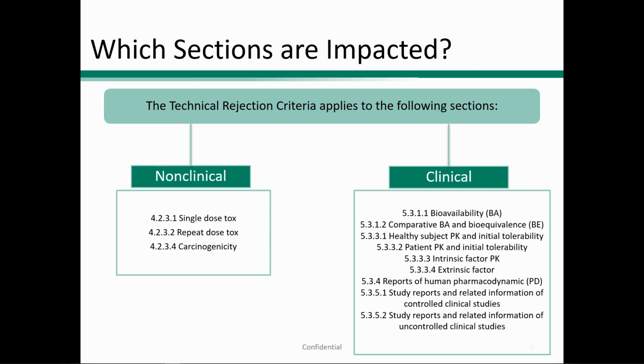So they actually broke it down to just specific sections within the modules of when you need to submit the data. So you see, mostly for non-clinical, it's your toxicology studies and your CARC. And then for the clinical studies, you do have a few more sections. But again, it is broken down a little bit so that you can really just focus on specific studies within the clinical section.